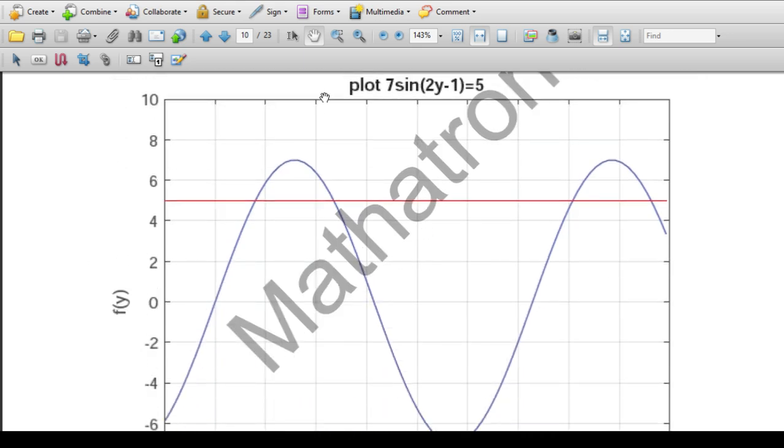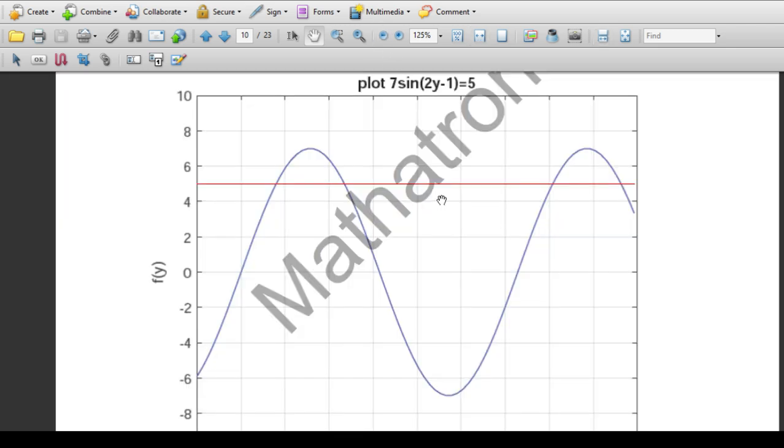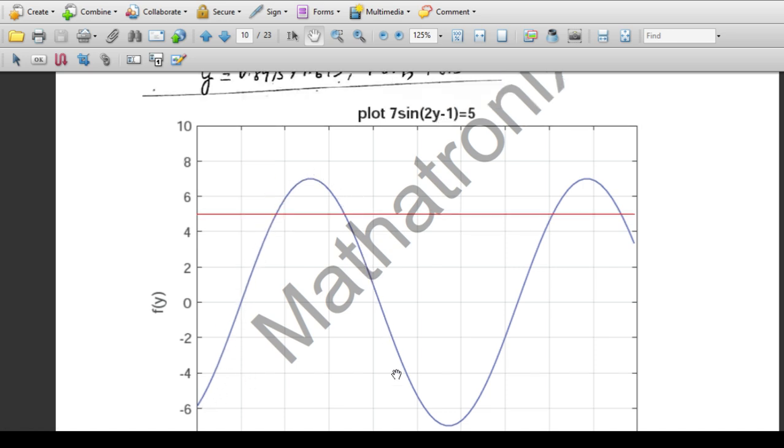So this is our sine(2y minus 1) graph. We have to start it at 0.